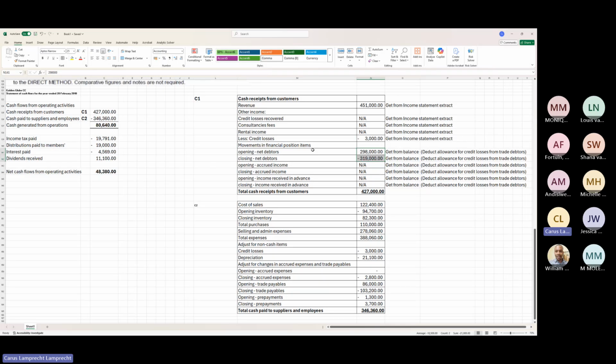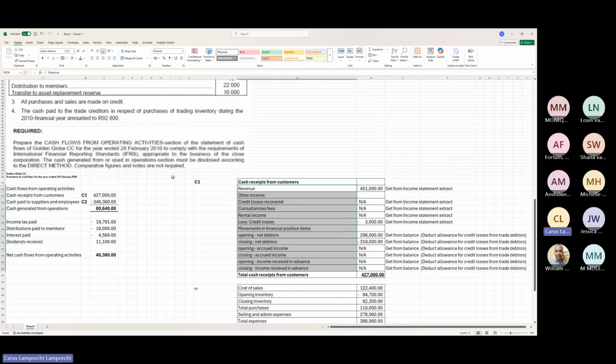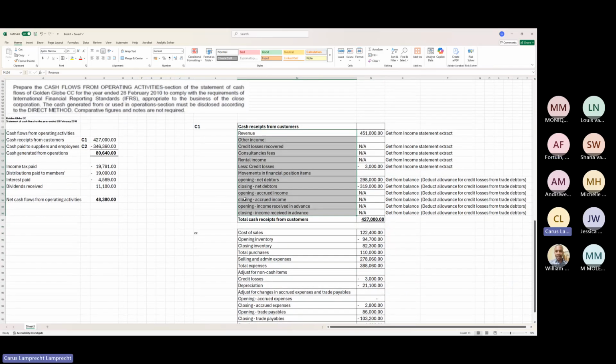I've seen an exercise before where the solution had something like this. It's basically a summary of your T accounts, and they're not specifying that in your workings you should show T accounts. So I'd hope.